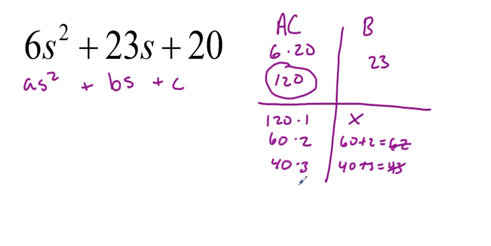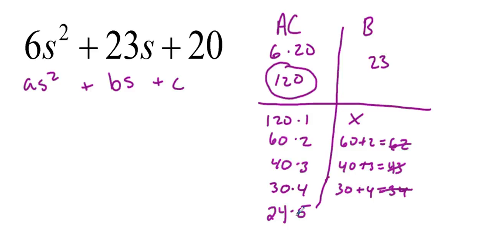All right, 4. We have 4 times 30 equals 120. That's 30 plus 4, which is 34. We're getting closer. Now 5 times 24, right?